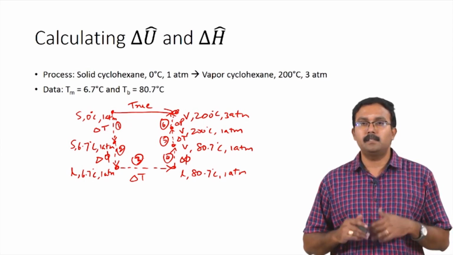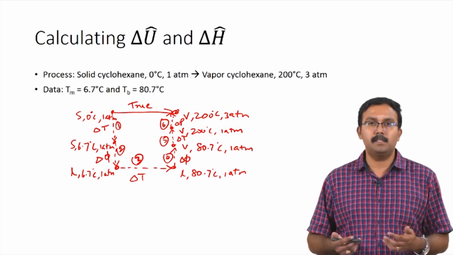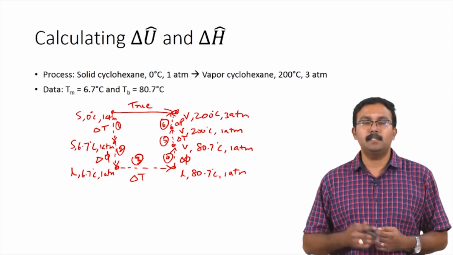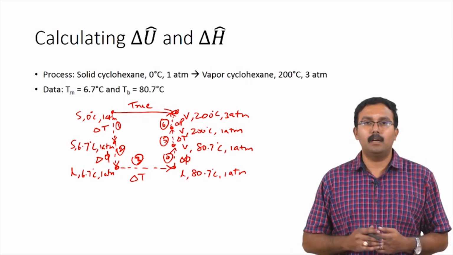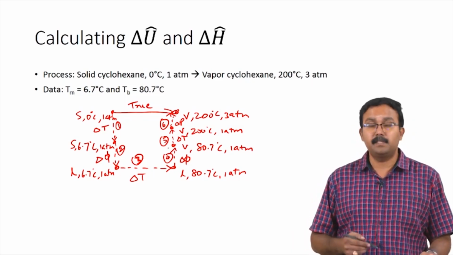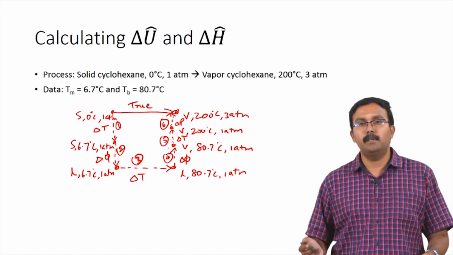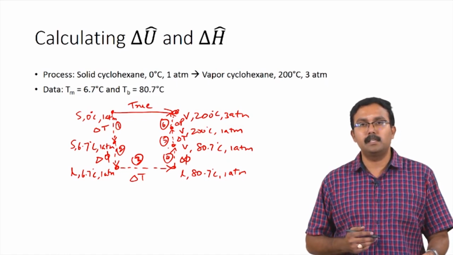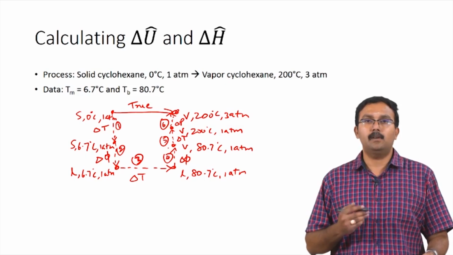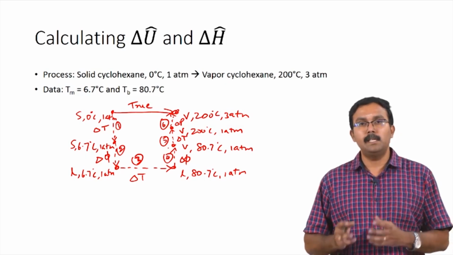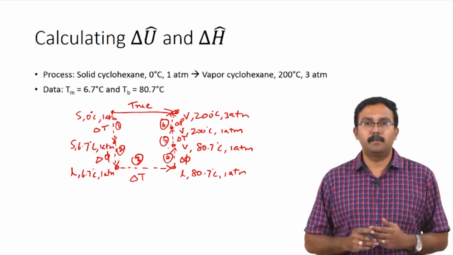The fourth step is a change in phase, which is vaporization of cyclohexane. So, you have the heat of vaporization again available from a textbook or handbook. The fifth step is a change in temperature, which is heating from 80 degrees Celsius to 200 degrees Celsius. Here you can calculate enthalpy as integral Cp dT, using the Cp of cyclohexane vapor.